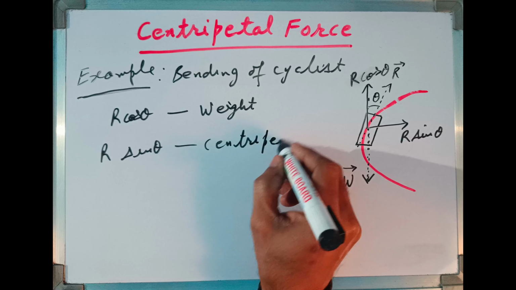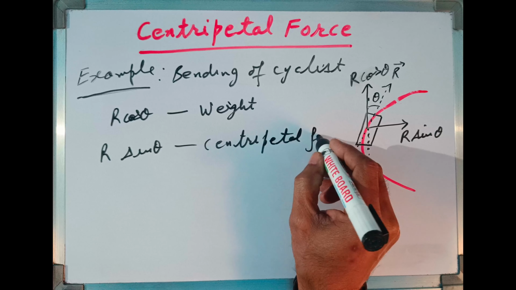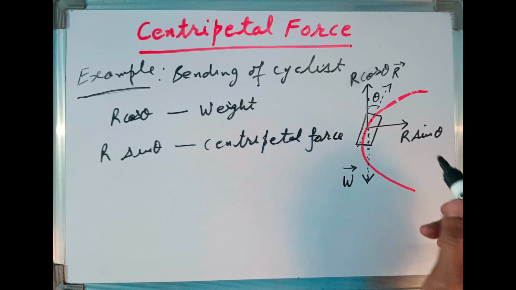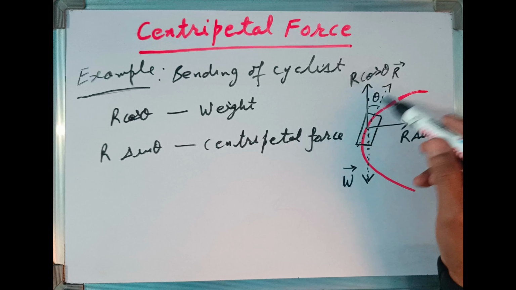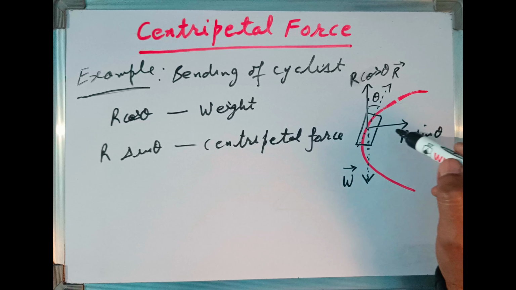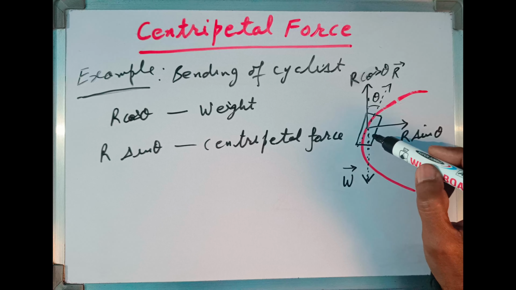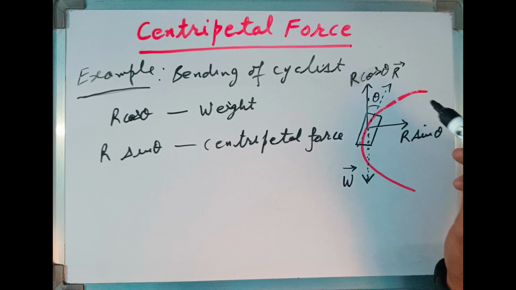This is how bending of the cyclist helps to take a turn, because due to this centripetal force, the cyclist can easily take a turn.